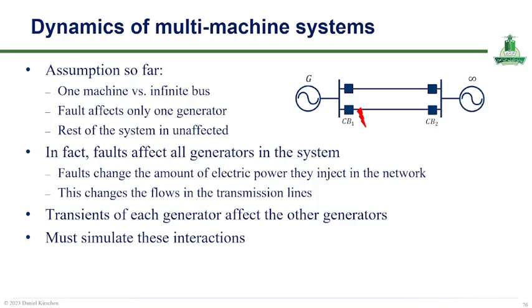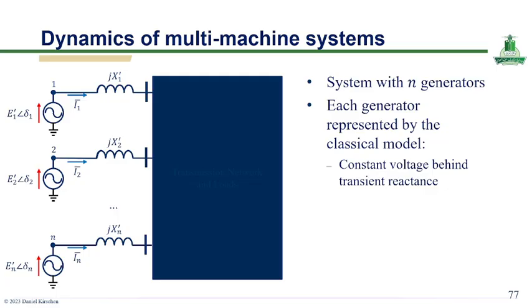A fault changes the electrical power injected into the network, which consequently alters power flow in the transmission lines. Because generators are electrically coupled through the network, the transient behavior of one machine affects the dynamics of the others. Therefore, accurate stability analysis requires simultaneous modeling and simulation of all machine interactions within the power system.